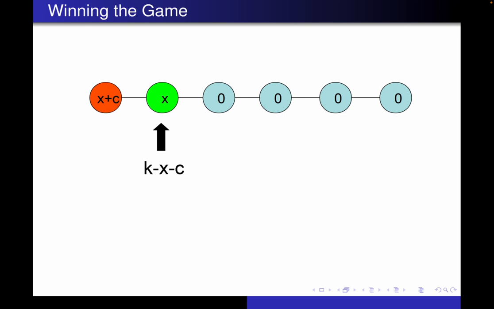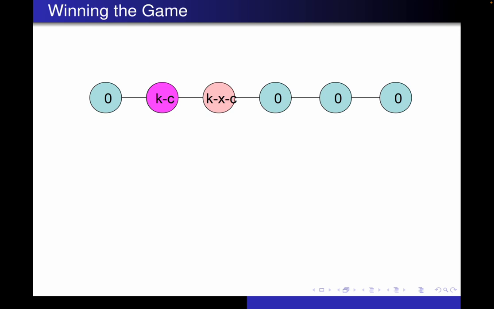Remember, K is 0 in Z_k. So if I hit it K minus X minus C times, that will turn the label on the left to K, which is the same as 0. But then it'll also affect the vertex that's second from the left and third from the left as well. So I get 0 on the left, and I get K minus C and K minus X minus C as well.